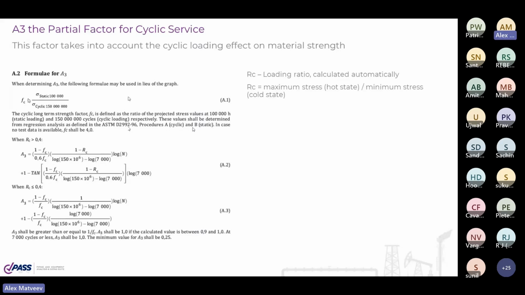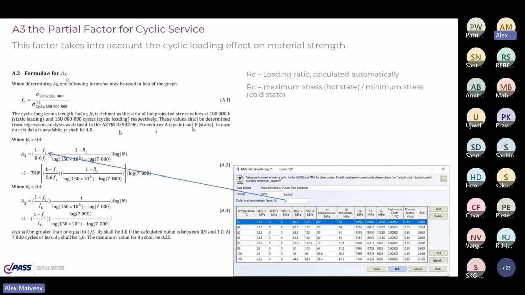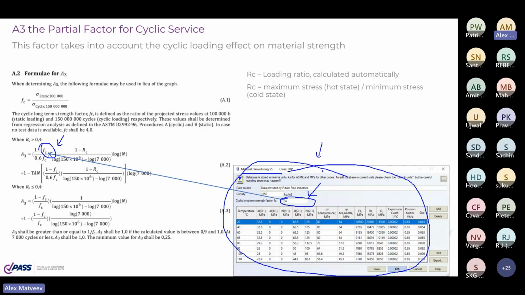This is the equation for the A3 factor. START-PROF calculates this factor automatically. To calculate it, we should define the FC factor, and this FC factor is also stored in the START-PROF database for materials. So all properties of material are stored in the database, so you just have to select the correct material from the database and then perform analysis.